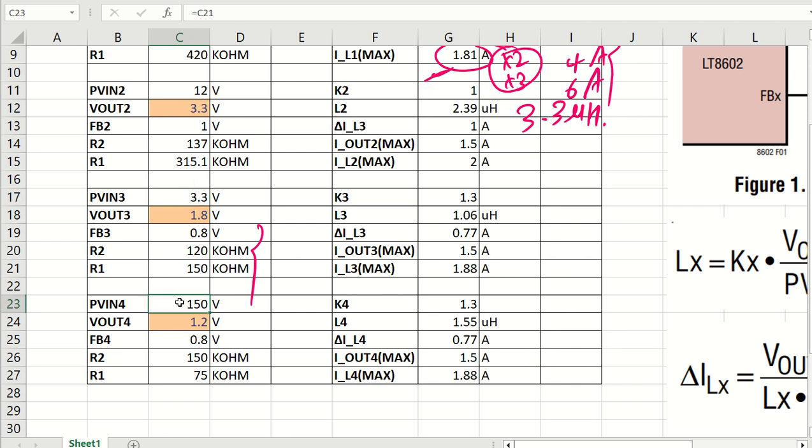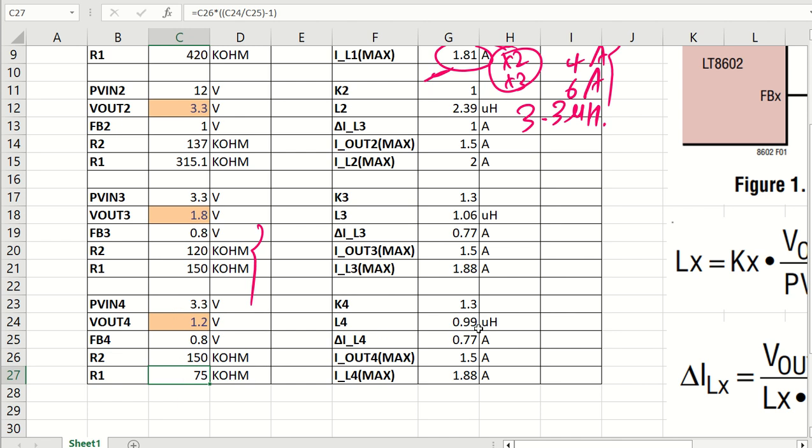So what will happen is, let me just calculate this. So PV in 4 is 3.3, and V out 4 is 1.2 volt, that we have set as output voltage. So what is the feedback voltage that was there at channel number 4? That was 0.8 volt. And if we consider R2 value as 150 kilo ohm, then R1 will be calculated to be 75 kilo ohm. Okay.